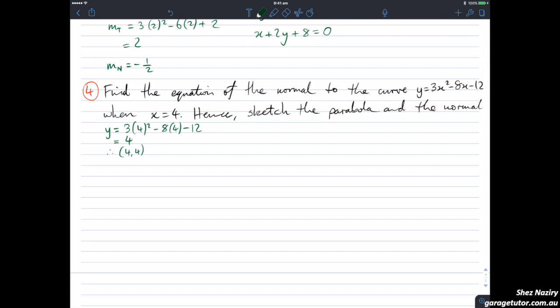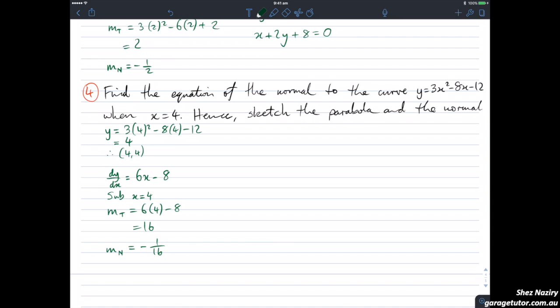Now, from here, I need to differentiate. So dy/dx, we take this and differentiate it: 6x take away 8. Then I need to sub in this x value, so sub x equals 4. This will give me the gradient of the tangent, yes, 16. That's not what I want. I want the gradient of the normal, so this is negative 1 on 16.